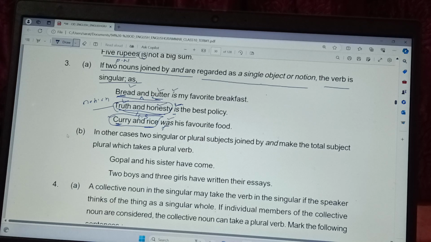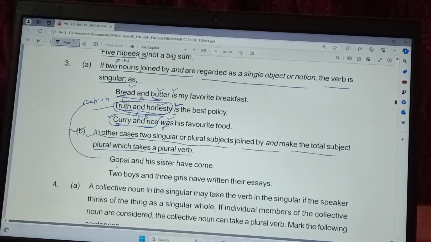Proceed, guys. 3b. In other cases, two singular or plural subjects joined by and make the total subject plural, which takes a plural verb. This rule works in a different way from rule 3a, guys.